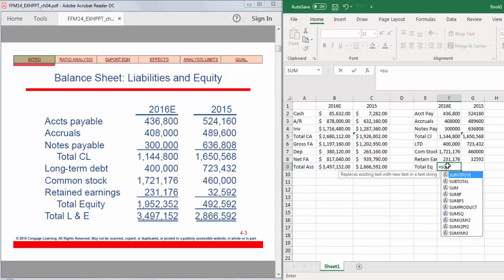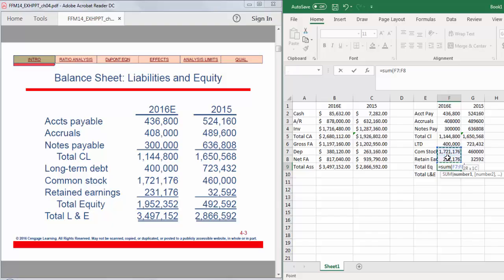So total equity is going to be a combination of common stock and retained earnings, because this is the net worth of the shareholders on the books of the firm.